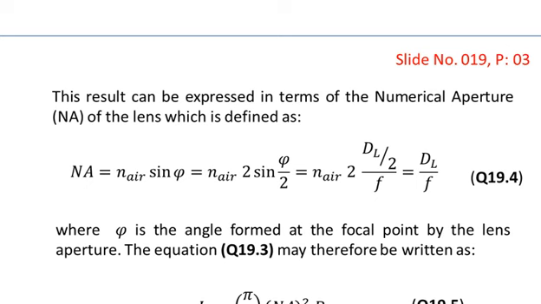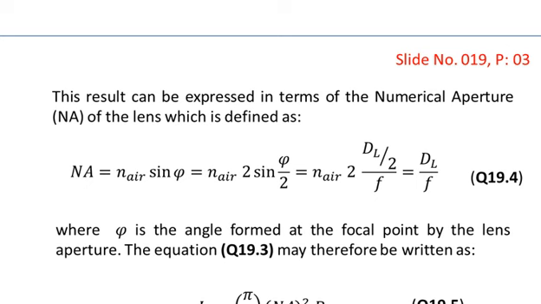Here dl by 2 is half the diameter of the lens, and f is the distance of the lens from its back focal plane, and phi is the angle formed at the center of the back focal plane. So from that we have calculated sine of phi by 2, and we have multiplied by 2 because we have to contain the full width of the lens.